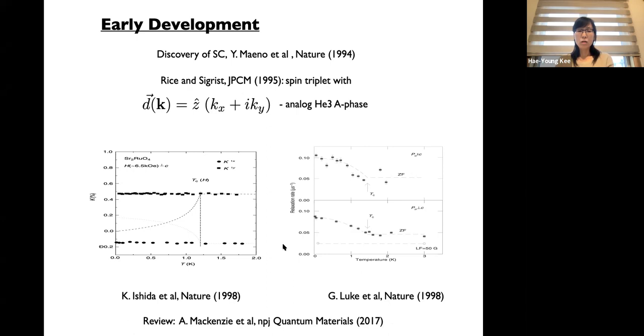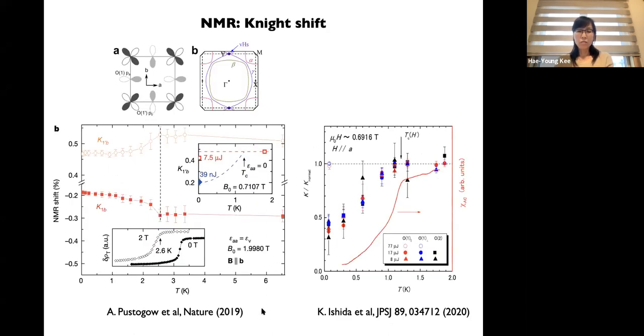Okay, so recently, as you heard, this 214 Knight shift was done again by the UCLA Sr2RuO4 group. Here is the Knight shift as a function of temperature, and here is the TC, and this one was done under strain.